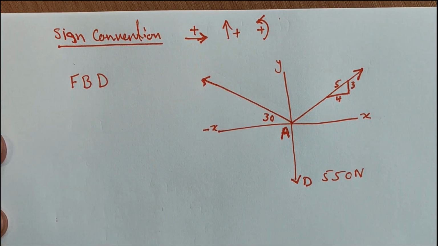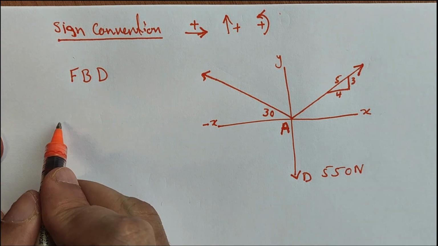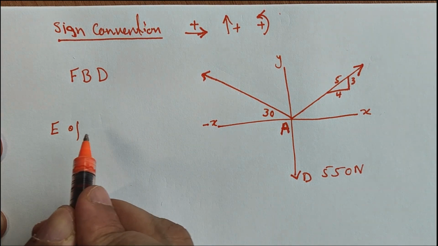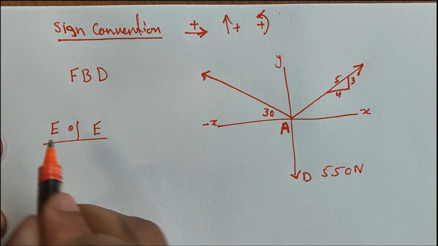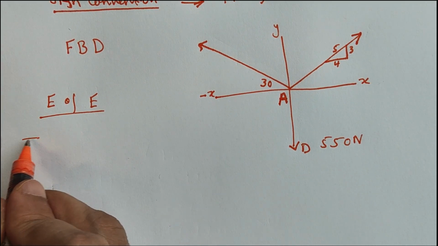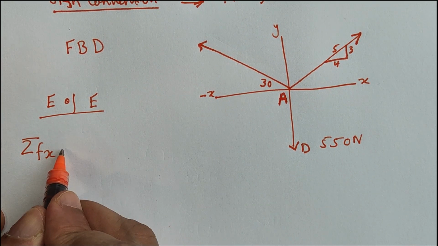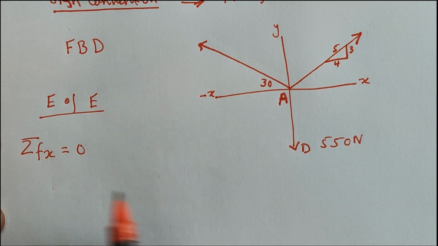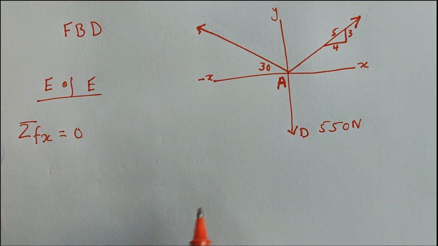So, the equations of equilibrium. Applying these equations, the sum of the forces on the X axis should equal 0.